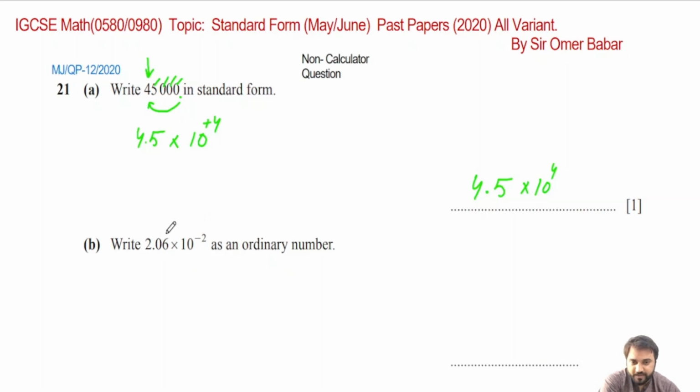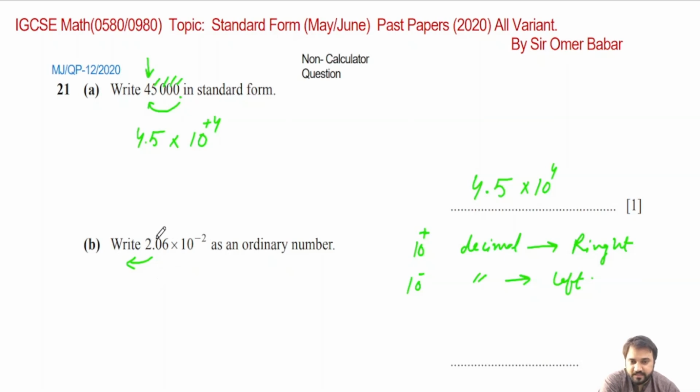If the power of 10 is positive, it means our decimal will move to the right side of the digit. And if we have 10 raised to a negative power, it means our decimal will move to the left of the digit. So we have negative 2, it means our decimal will move on the left side.